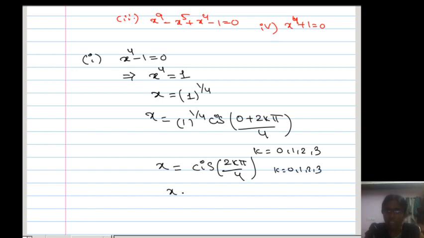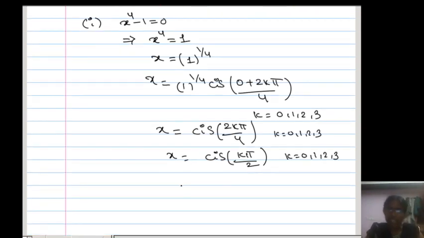It is also written as cis of k pi by 2, where k is equal to 0, 1, 2, 3. So the x values are cis 0, cis pi by 2, cis pi, and cis 3 pi by 2.